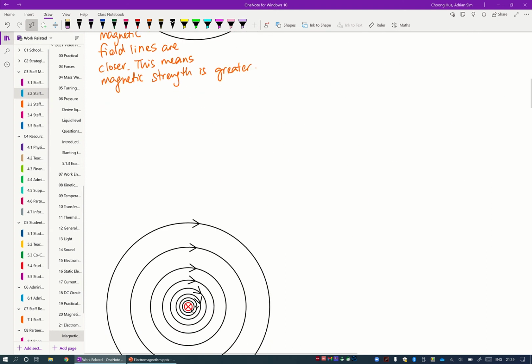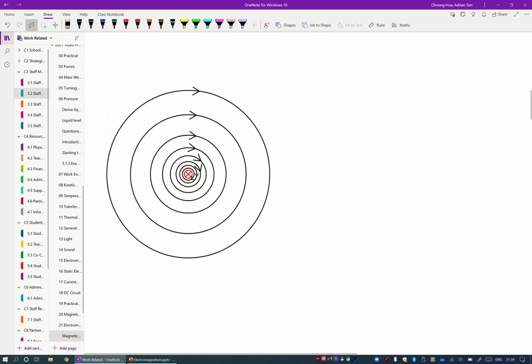So we go to another diagram. For this one, I'll go a little bit faster because the idea is the same. It's just that there's a difference in the direction. Right in the center, you can see this circle and a cross. That represents the current flowing into the plane.